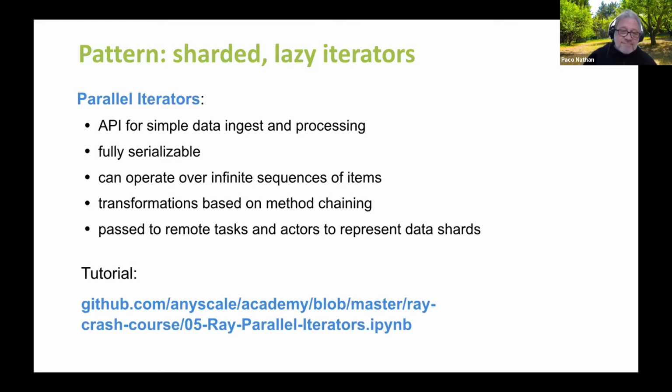And so it can operate over an effectively infinite sequence of items. It has some transformations built in that are based on method chaining, really convenient. And at the end of the day, it's a way of doing sharding. It's a way of doing partitioning.